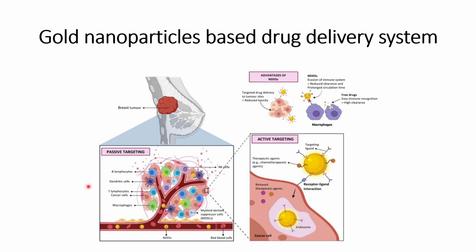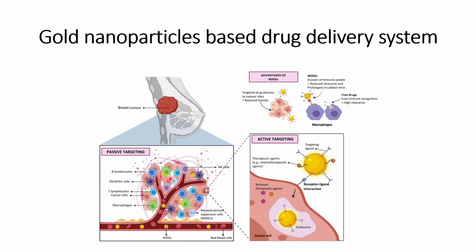Some of the immune cells that are shown here are macrophages, dendritic cells, B lymphocytes, NK cells, and myeloid derived suppressor cells, and they will target these cancer cells. The T lymphocytes will also target those cancer cells. And these things initiate once this nanoparticle based drug delivery system enters into this breast cancer and does this active targeting.